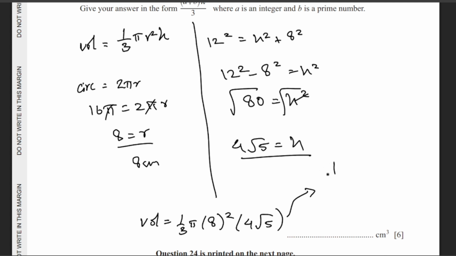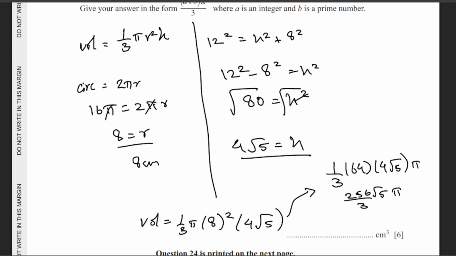So we have 1 over 3 times 64 times 4 root 5 pi. 64 times 4 would be 256. So 256 over 3 root 5 pi.